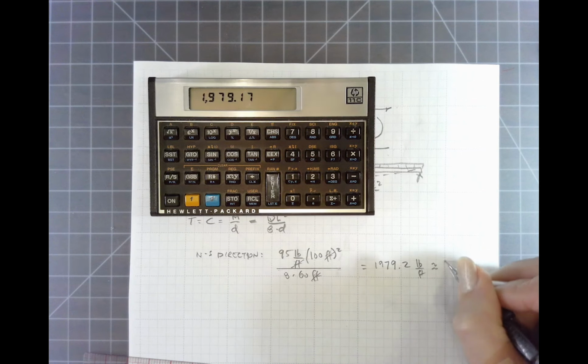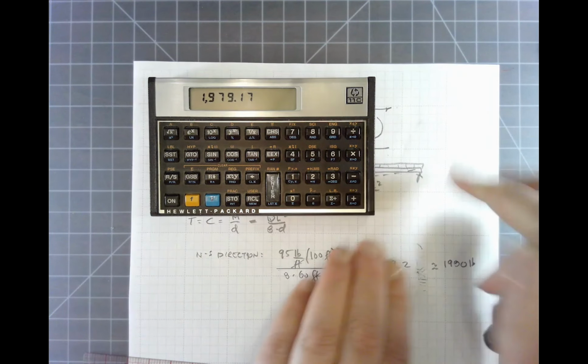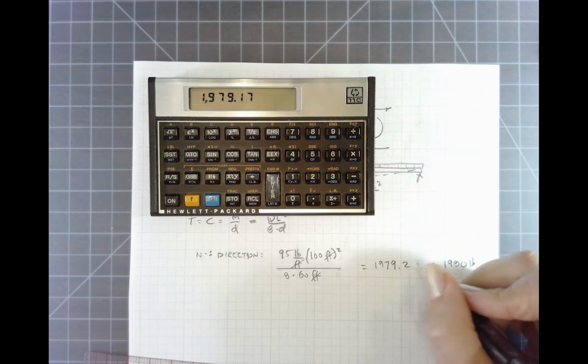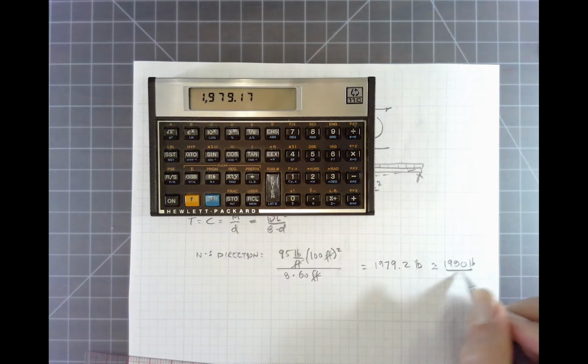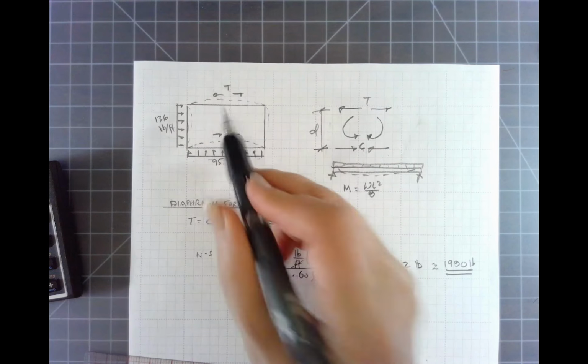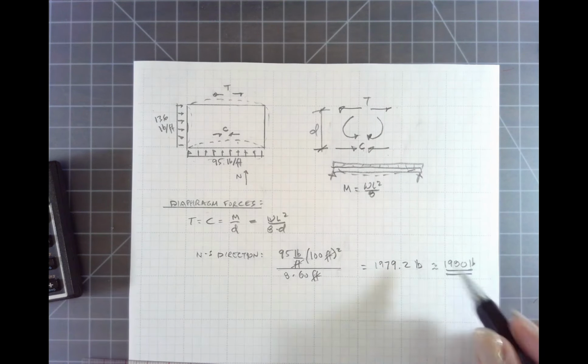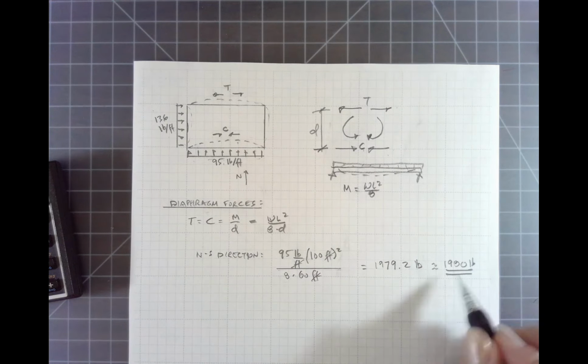So we'll call that about 1,980 pounds. That's not pounds per foot, that's just pounds. Sorry about that. So that's the tension force that we need to design for on the back side here. So any laps, splices, any kind of connections we have to provide for about 2,000 pounds.